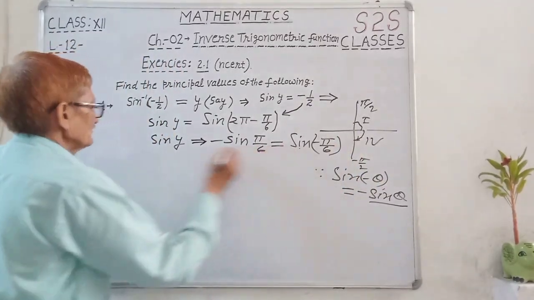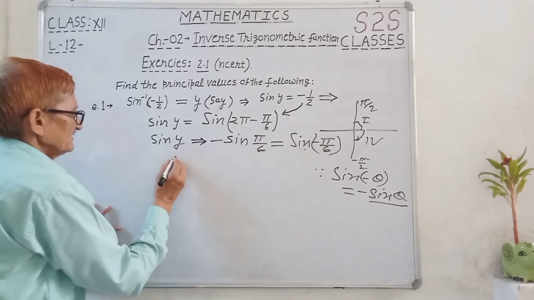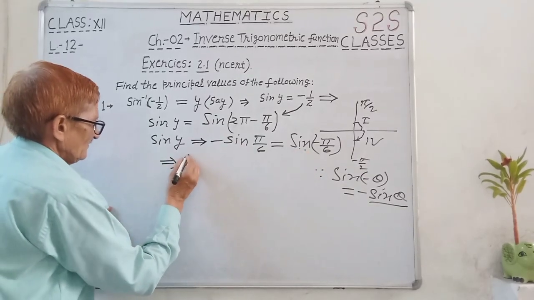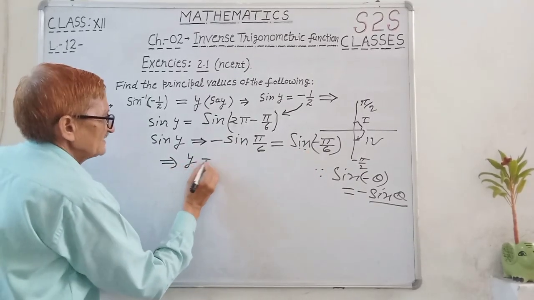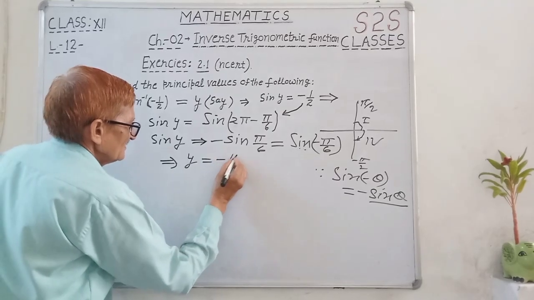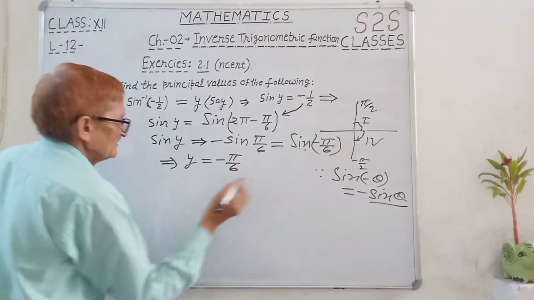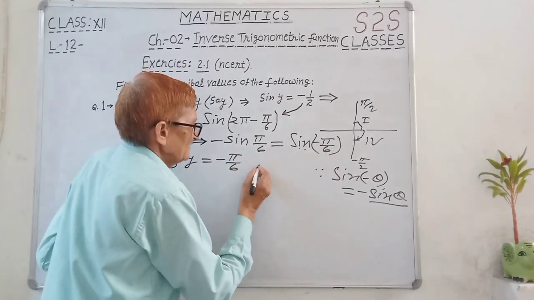Okay, so now sine cancels out, then this implies y is equal to minus pi by 6.